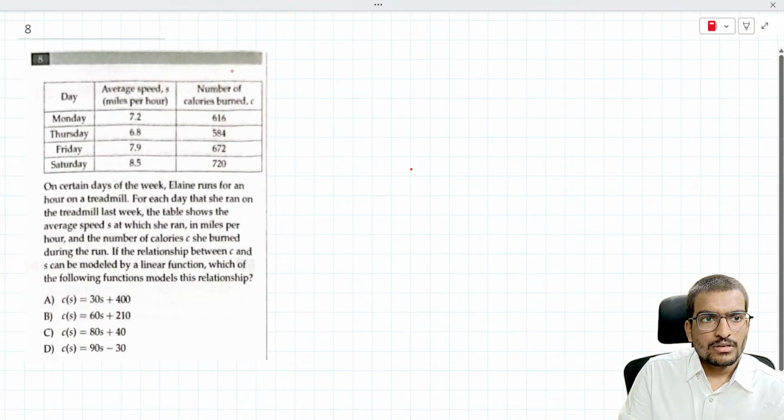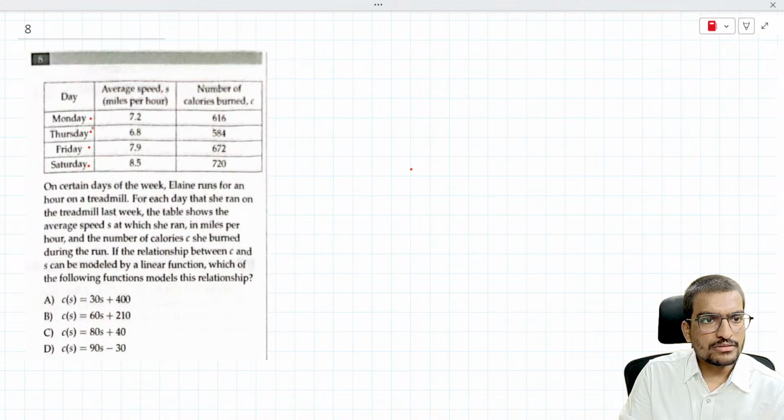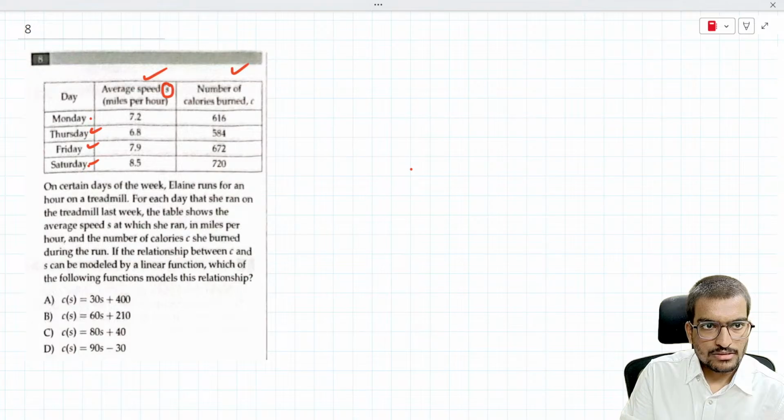Here, the days are Monday, Tuesday, Wednesday, Thursday, Friday, Saturday, with average speed and number of calories. On Monday, average speed S is 7.2 and number of calories burned C is 616. In the same way, there are certain speeds and numbers of calories burned.